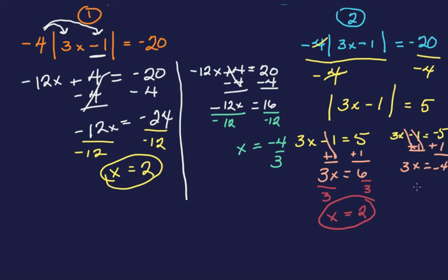Let's divide both sides by 3, and x is equal to negative 4 thirds, just like we found before.